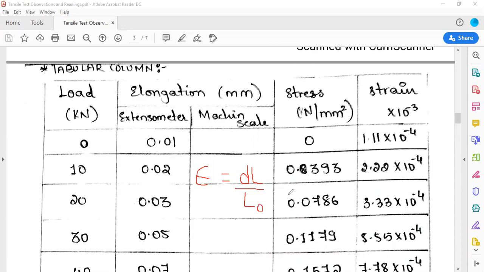You have to take the original length, the gauge length of the specimen. Change in length is 0.02 divided by the original length. Original length is 90.